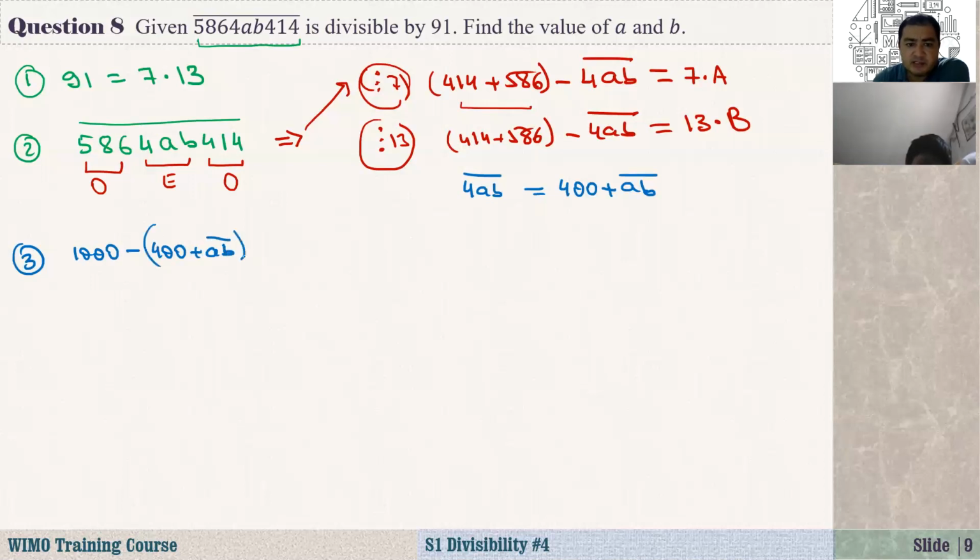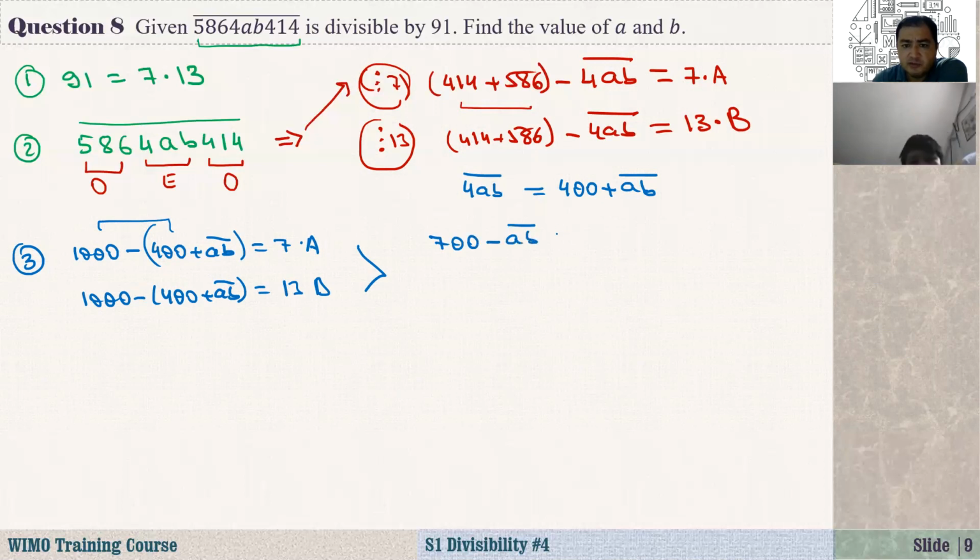So that's divisible by 7, and also divisible by 13. Again, 1000 minus (400 plus AB) is divisible by 13. Now from here, 1000 minus 400 is 600, minus the two-digit number AB, is equal to 7A.